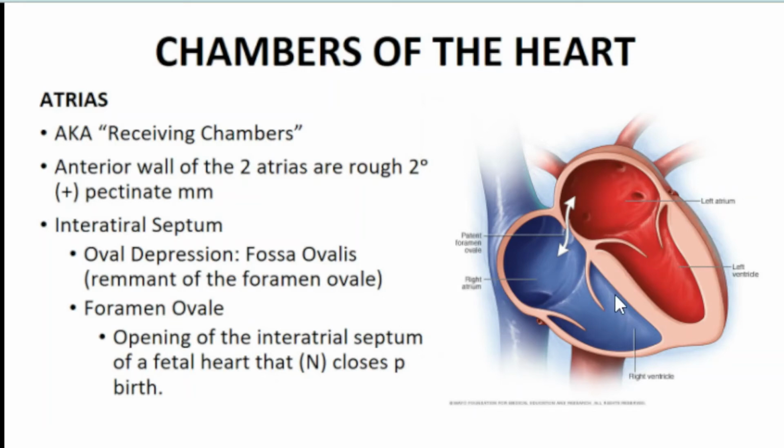Okay? So as mentioned, they are separated by a wall called interventricular septum, and the muscles in these chambers are generally thicker compared to the two chambers that you find on top. That is because they have to generate enough force to pump or to push blood towards the next part.